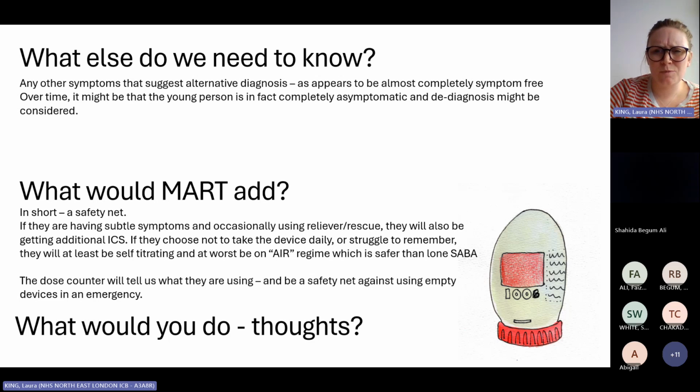I think we quite often prescribe MART, and what they're going to end up doing is AIR. I feel like we should be setting the bar a bit higher. This patient made me eat my words, because they didn't need a preventer, and we could have argued all day long about it, but AIR would have given us that safety net. So again, almost the opposite issue to consider.